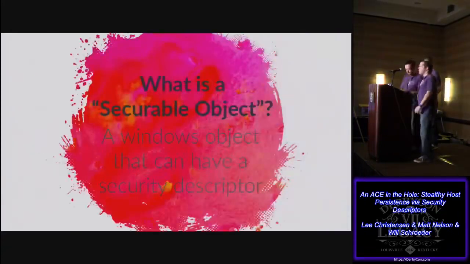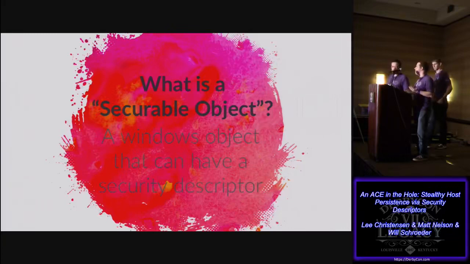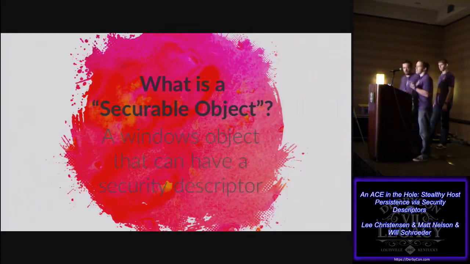So, a little bit of an introduction to securable objects for those who are unfamiliar with them. What is a securable object? A securable object is any Windows object that can have a security descriptor. So when we're talking about these objects, what does that actually mean? Well, there's a lot of objects in Windows. There are built-in NT objects that most people are probably familiar with, like processes, files, tokens.